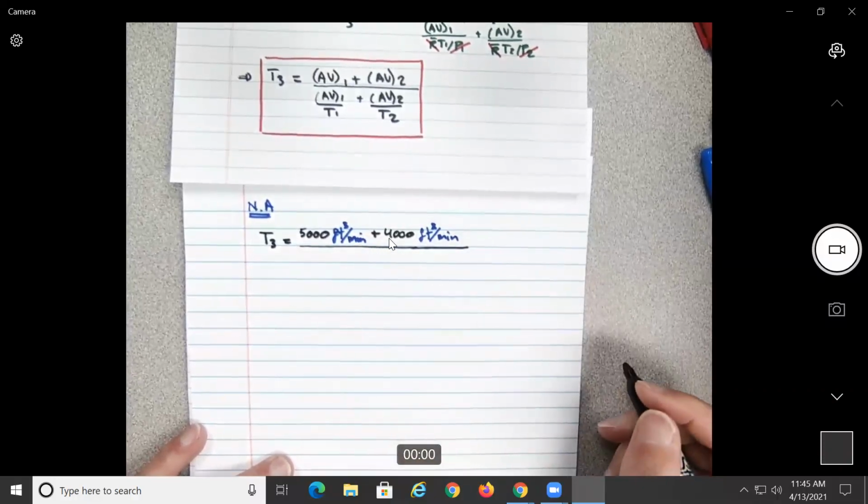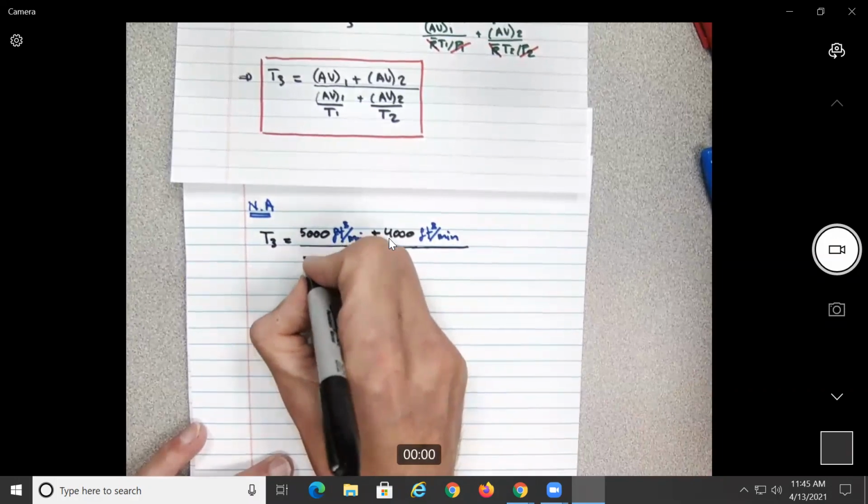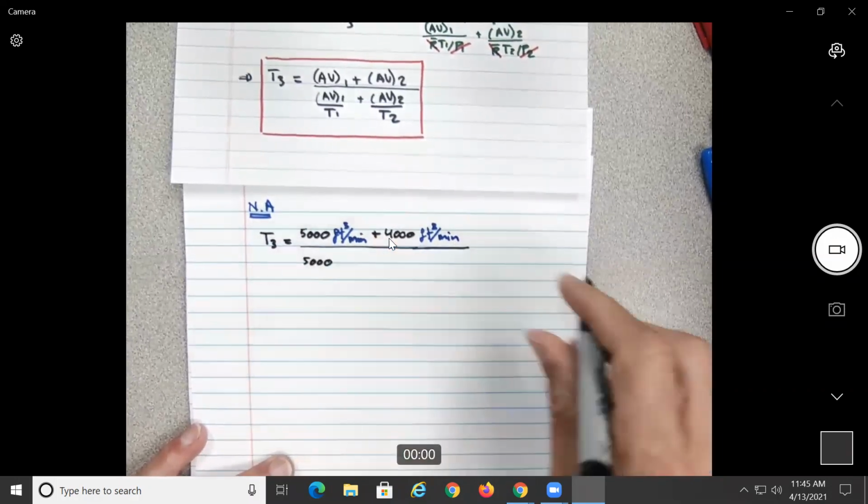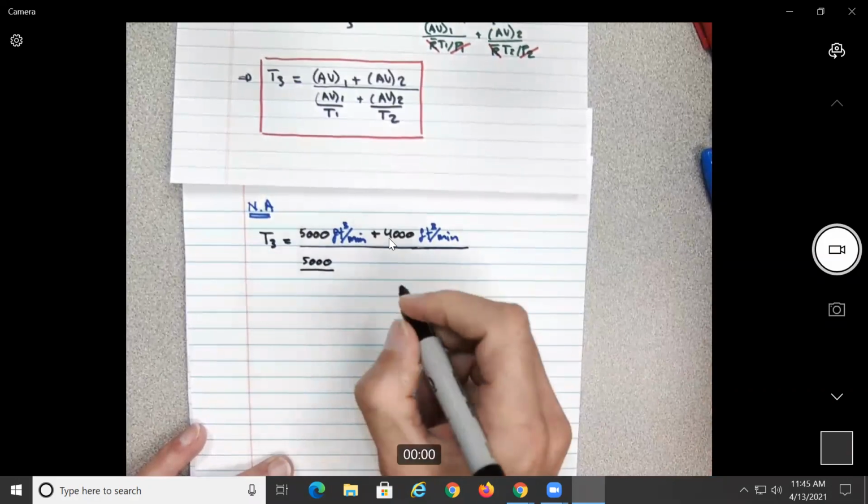And here we're going to have AV1, which is 5,000, divided by T1.